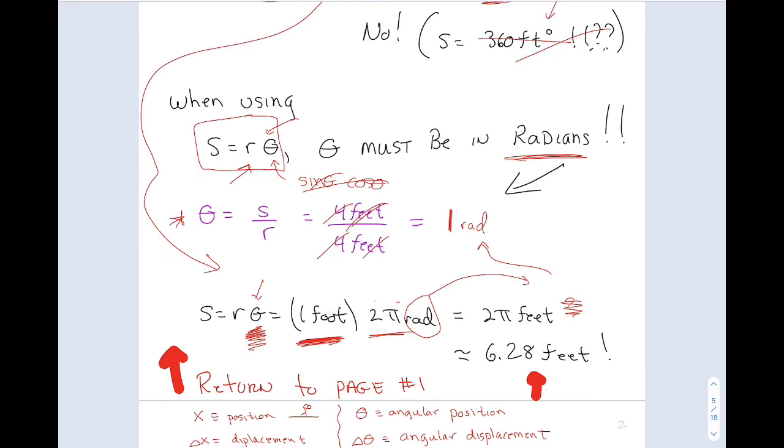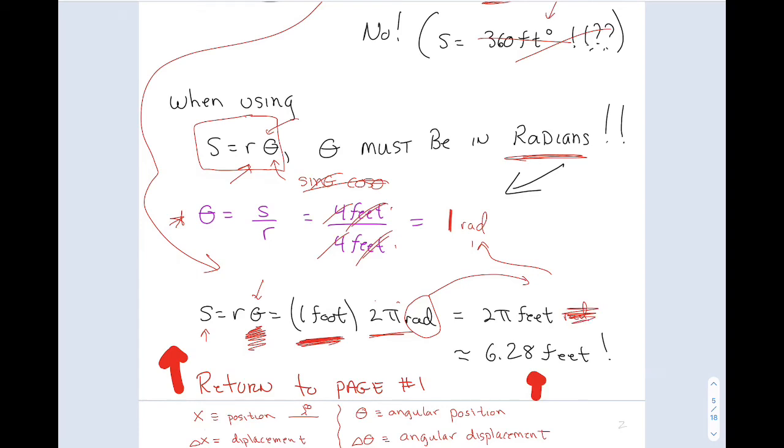Because remember up here, you had feet canceled with feet, and the radian is a dimensionless unit. Feet over feet is no dimensions. So you don't need to write the word radian, because you know that s is a distance. On your driver's license, it asks you what's your height. It'll say 5 feet or 4 feet. It doesn't say 4 feet radians.